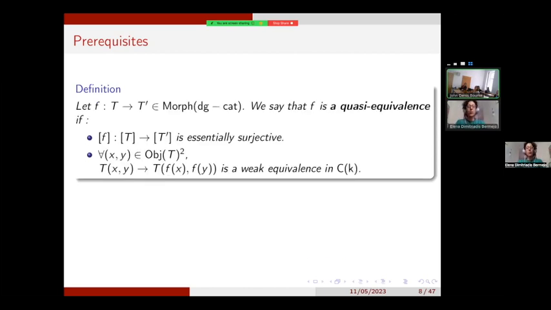And so we say that F is a quasi-equivalence if the induced morphism in the homotopy categories is essentially surjective, and for every two objects, the induced morphism on the co-chain complexes is a weak equivalence.